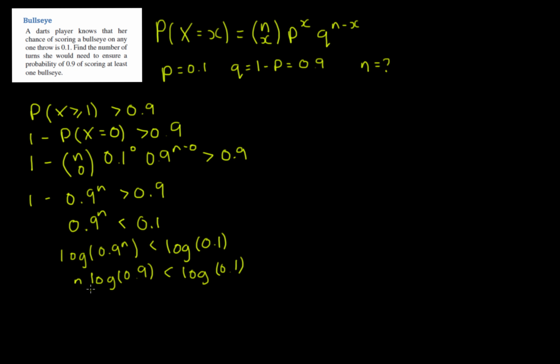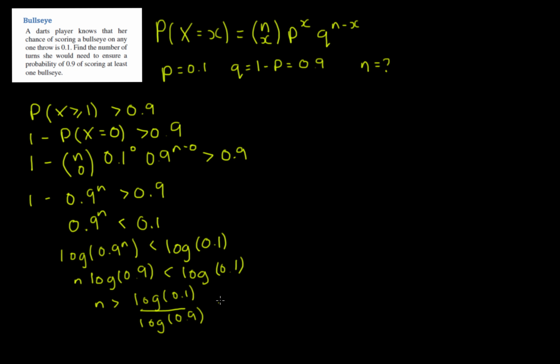Now we can solve for this N. We're going to divide both sides by the log of 0.9, remembering that that's a negative number because 0.9 is less than 1. So we're going to switch around the inequality again. So we have N greater than the log of 0.1 divided by the log of 0.9.